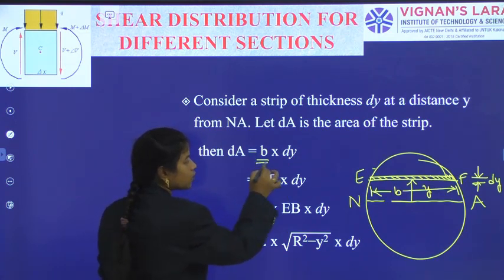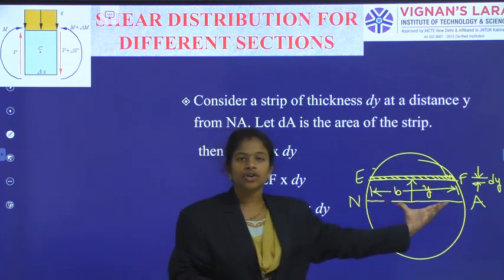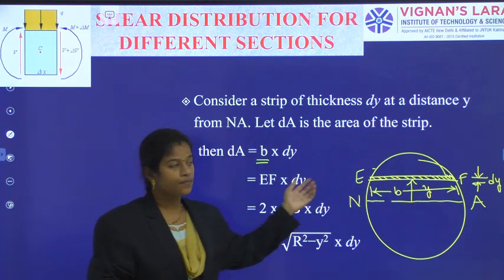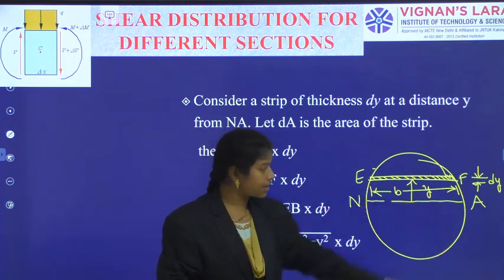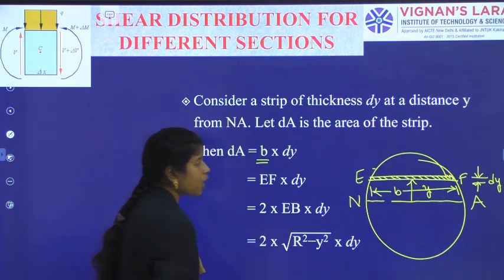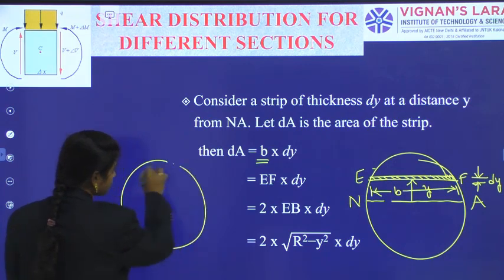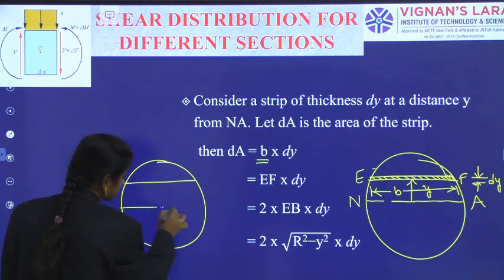And what is B? B is the width of the beam at the level EF. So this EF is the width of the beam. How could I calculate this value?